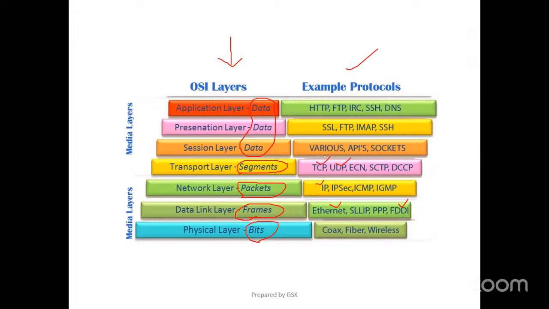Then the session layer: different types of APIs and sockets are used to maintain sessions. And the presentation layer: file transfer protocol and Secure Sockets Layer, SSL. These are very popular protocols at the presentation layer.